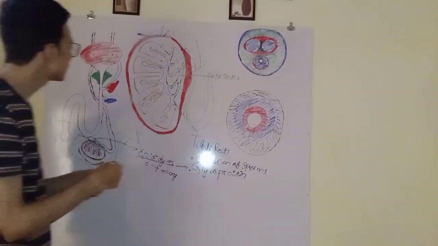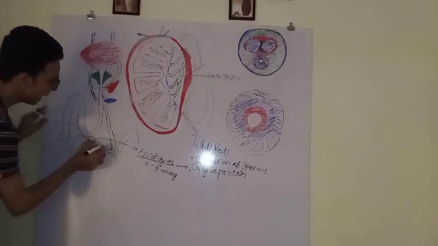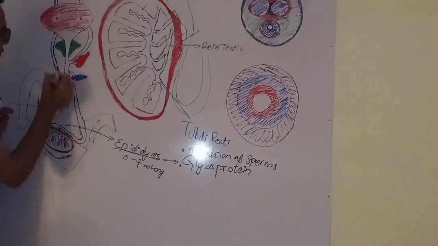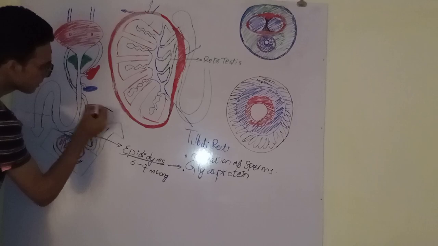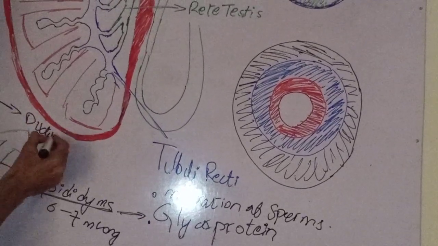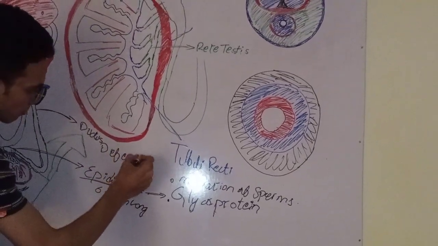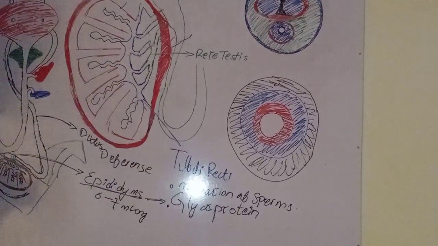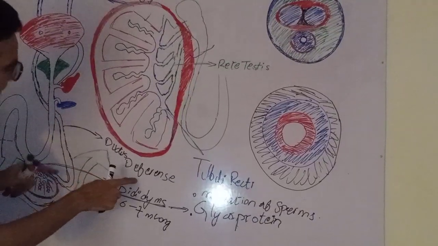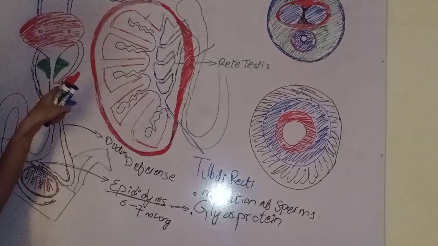Now, the epididymis then continues with the ductus deferens. Looking here, this is the epididymis, and the epididymis then continues with the ductus deferens, and the ductus deferens then unites with the short duct from the seminal vesicle.